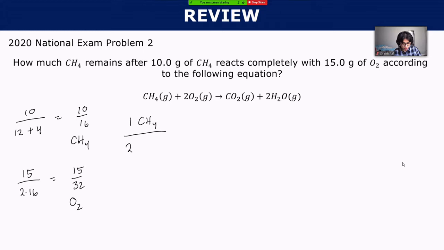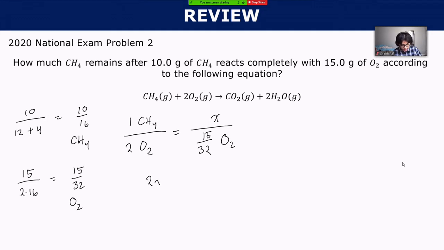Okay, so now that we have that, we know that CH4 and oxygen are in a 1 to 2 ratio. So that means if we know that 15 over 32 moles of oxygen are going to be completely used, let's calculate how many moles of methane, CH4, that is. So we're going to use 15 over 32 O2, and then we need to figure out x.